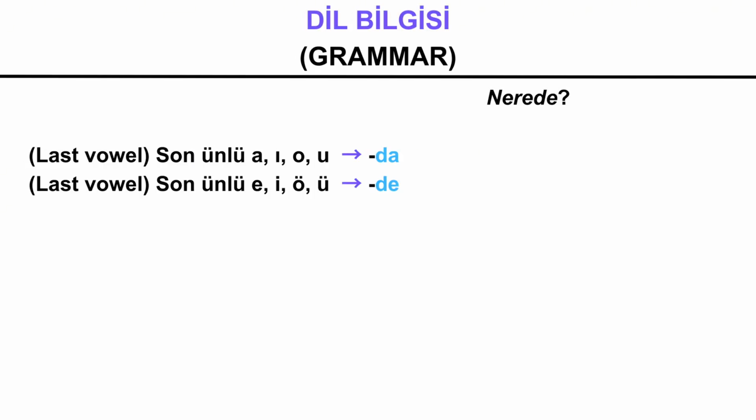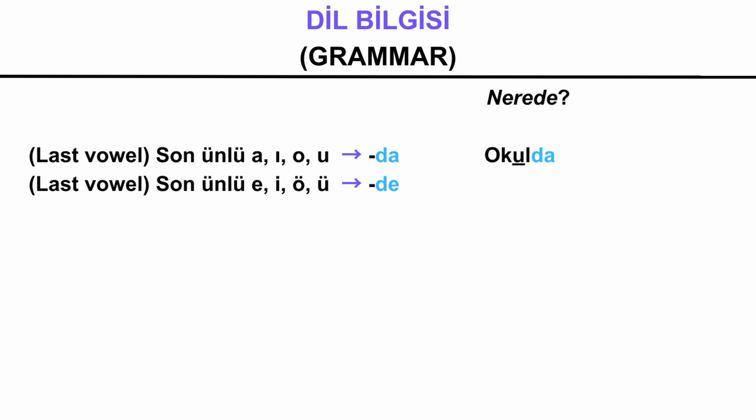Now let's see the rule behind this. If you're familiar with vowel harmony, to be able to understand da or de, you don't need to put in much effort. It is very simple. If the last vowel is a, ı, o, or u, we will have da, just like okulda.